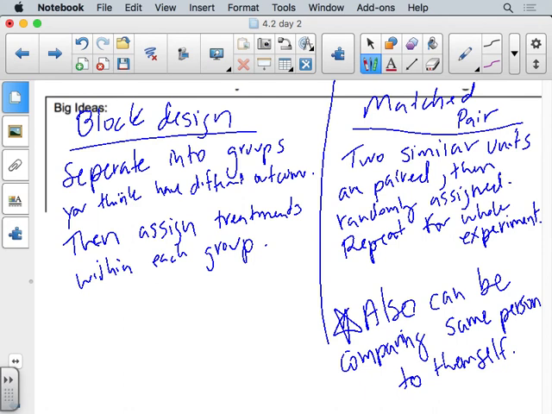So that would be also another matched pairs design. Alright, so blocking, matched pairs, all this good stuff.